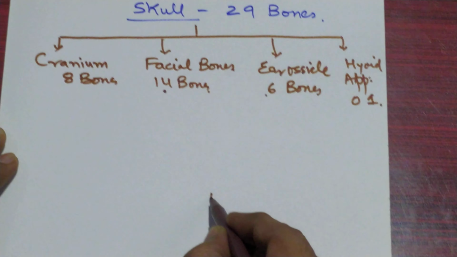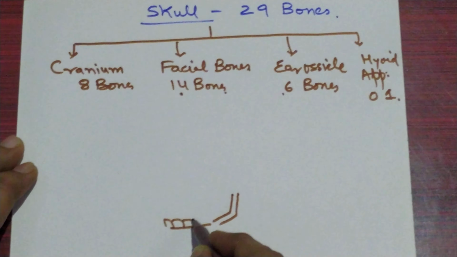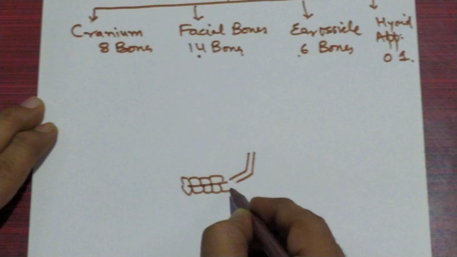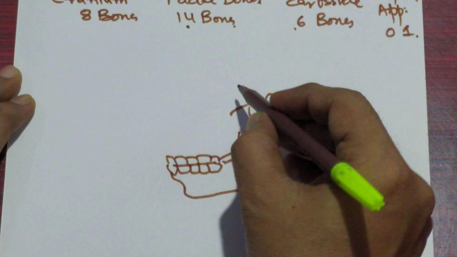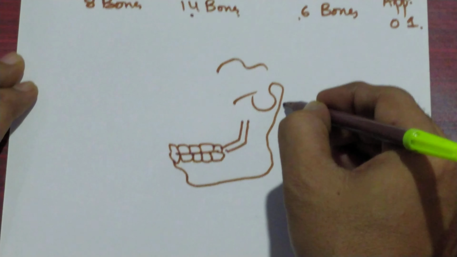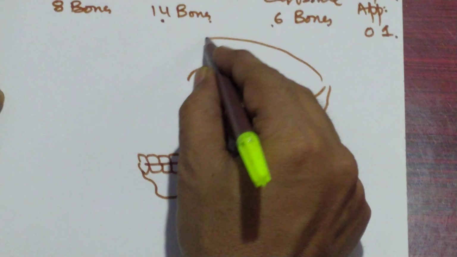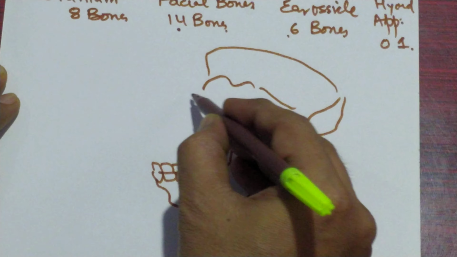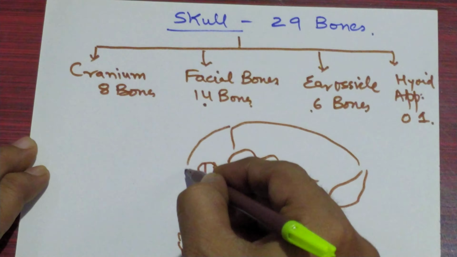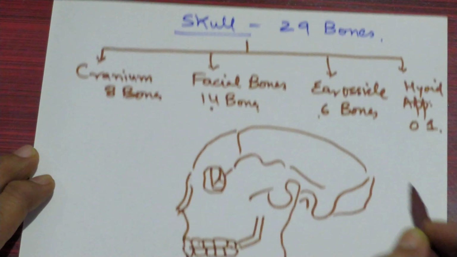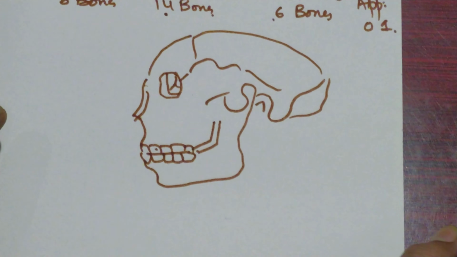As we have to draw the diagram of the skull, and when we draw the skull, some of the bones of the cranium are visible.